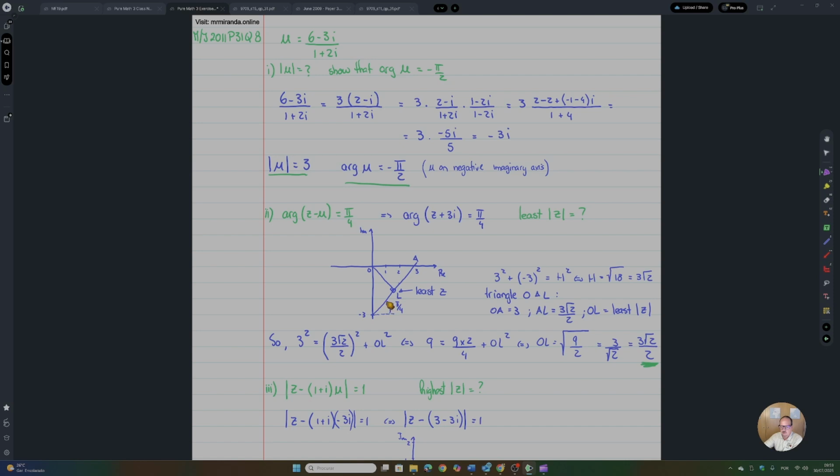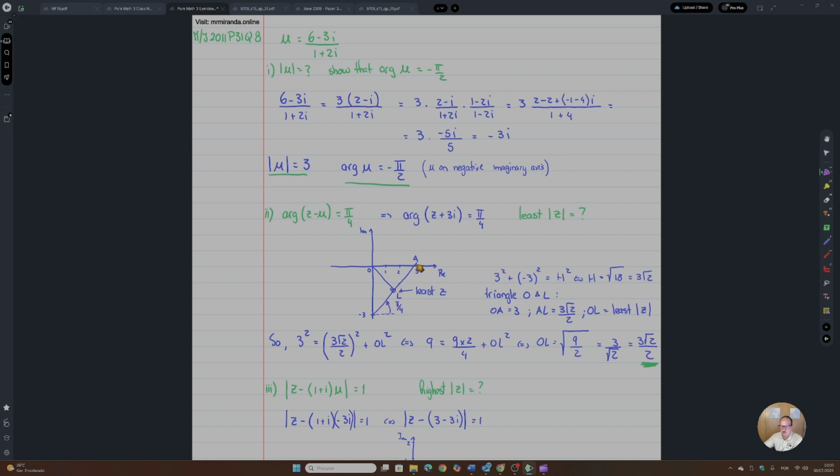This is pi over 4, so that's 45 degrees, right? This line over here will cross the real axis also at the same distance as that one, because this is 45 degrees. Make sense? So this is 3, this is 3, so you can get this bigger hypotenuse here, which I call capital H, which is 3 square root of 2.